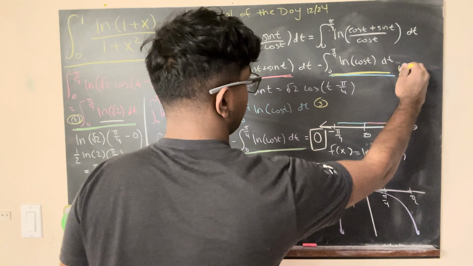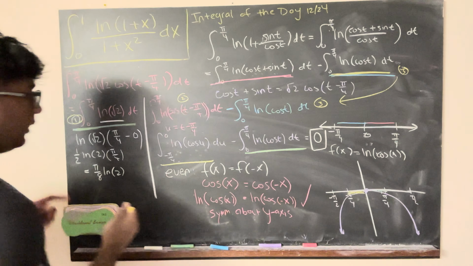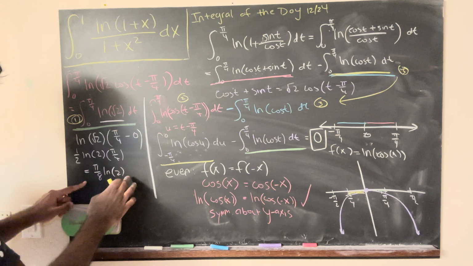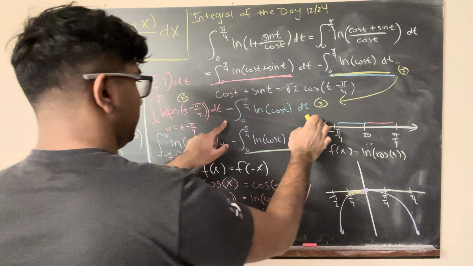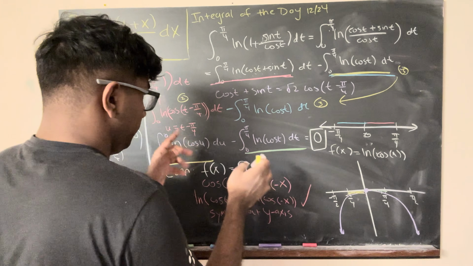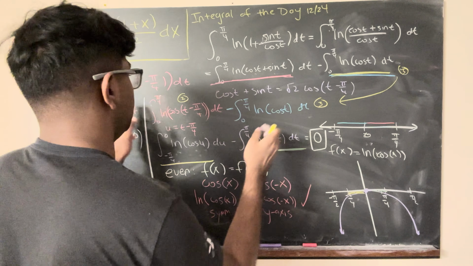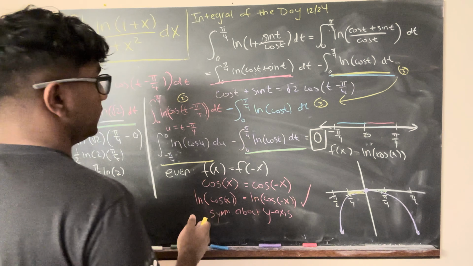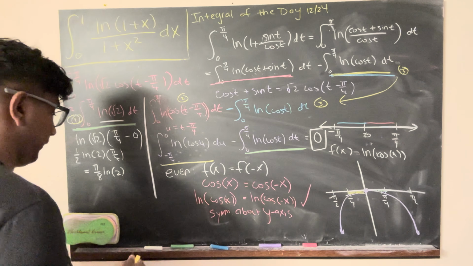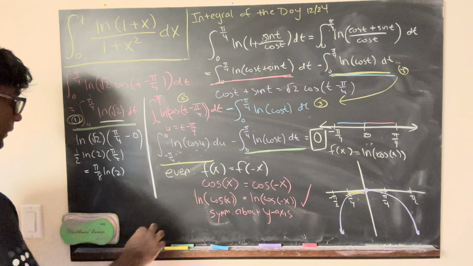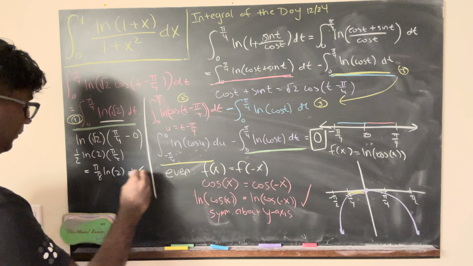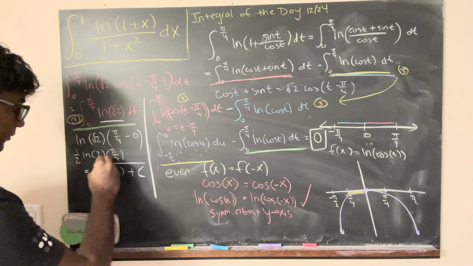Down here, we found the value of integral 1 as pi over 8 ln 2. And we noted that integrals 2 and 3 are both equal and they're subtracted, so the sum of them is equal to 0. So our final answer is simply the value of integral 1, which is pi over 8 ln 2.